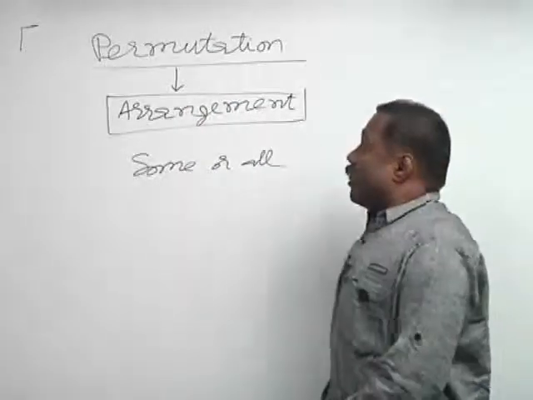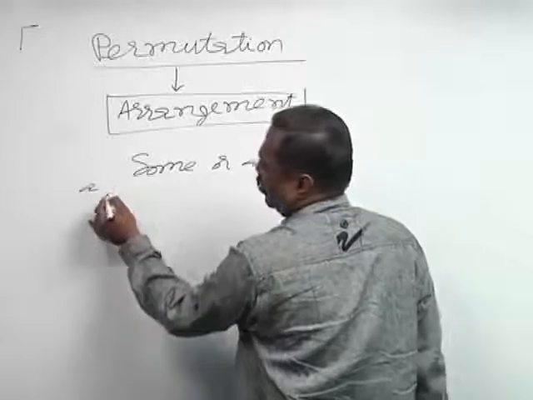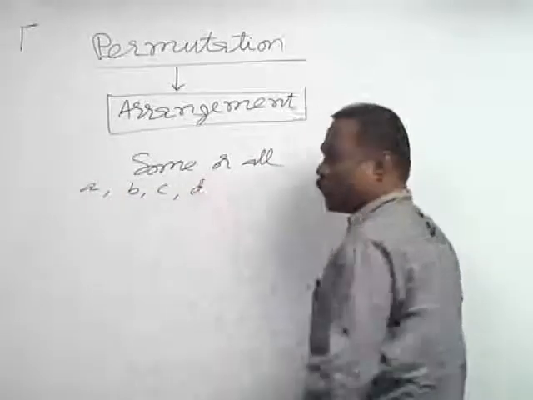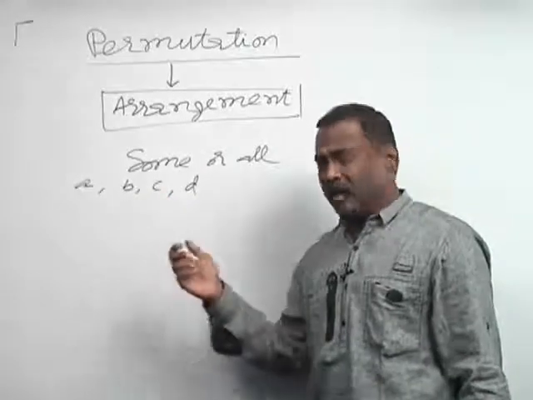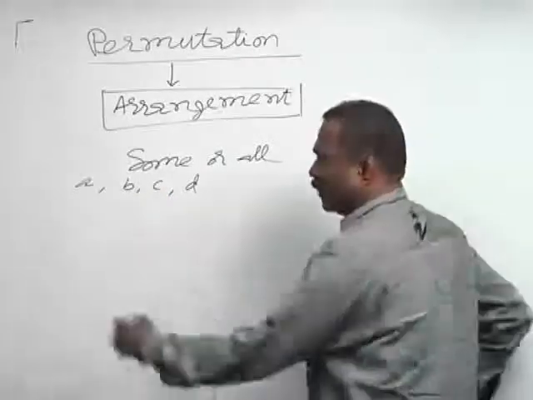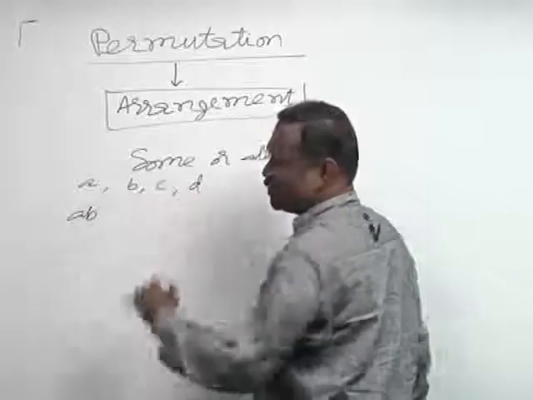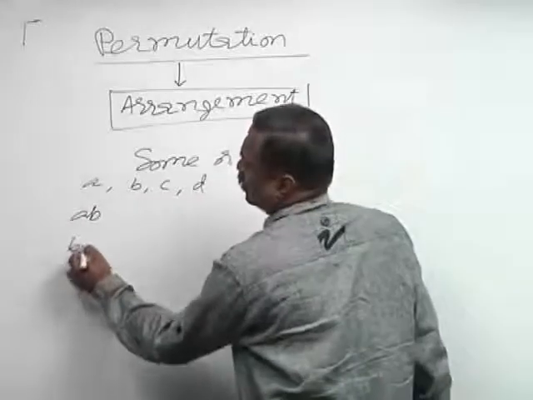So like ABCD, if you take 2 letters at a time and arrange them, 2 letters can be written like this, AB, and AB can be written as BA.